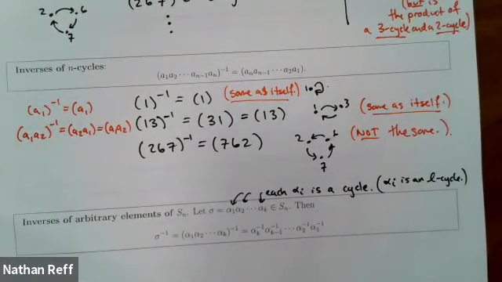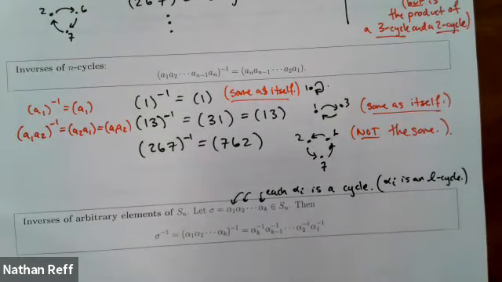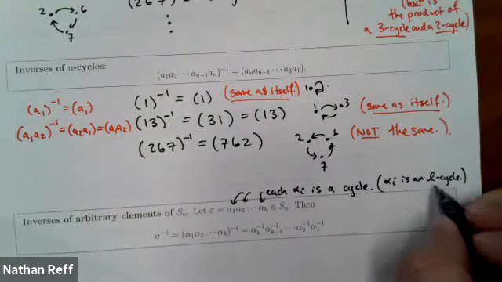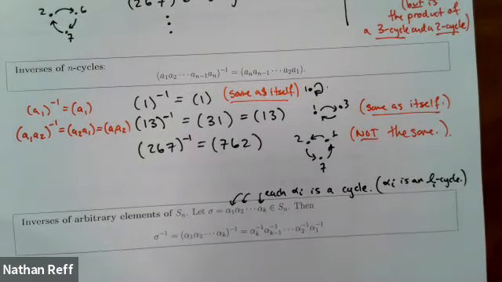Each of those might be of different length, so that's why I had to give it another parameter: L sub i, which depends on i. Like the first one might be a 6 cycle, the second one might be a 2 cycle, the third one might be a 5 cycle, and so on.